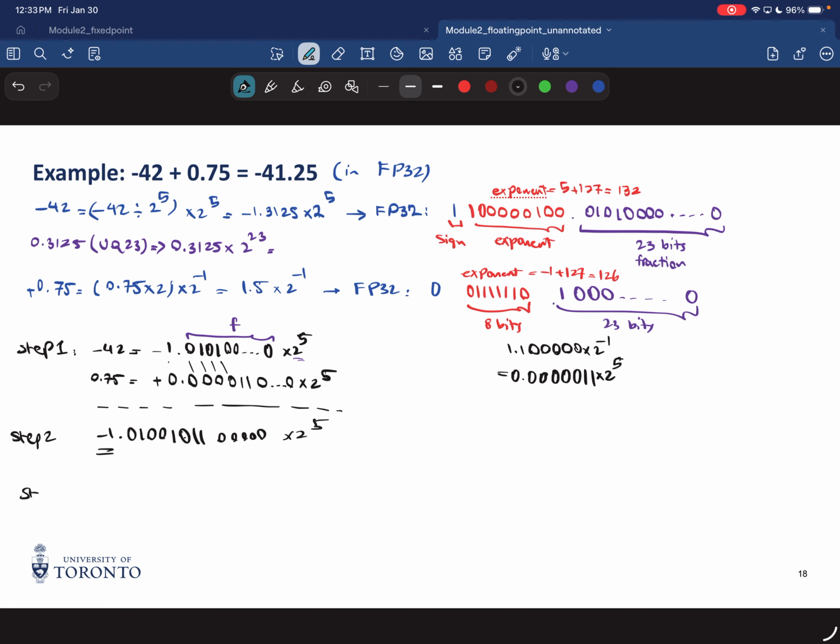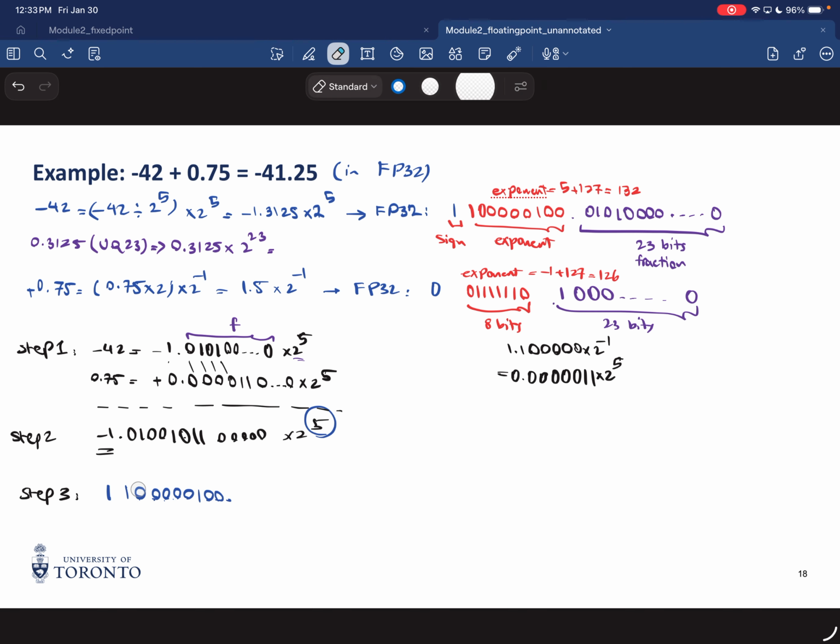So the next thing we do is step 3, that we are showing minus for the sign. And then what we are storing here is, so we are going to store 1 for the sign bit, which is minus. And then the exponent is 5 again. So it's 5 plus 127, which is 132. Is going to be 1 0 0 0 0 1 0 0, 1 2 3 4 5 6 7 8 9.